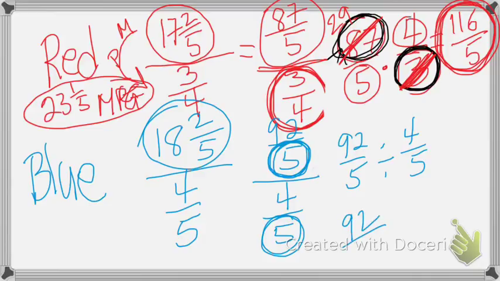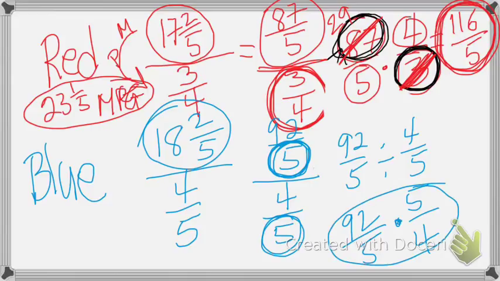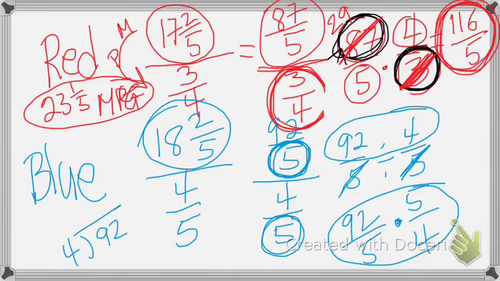This is correct, absolutely. But remember what I told you: when you're dividing fractions that have similar denominators, all you need to do is just divide those numerators. And if we divide 92 by 4, we get 23 miles per gallon. Okay, here we go.